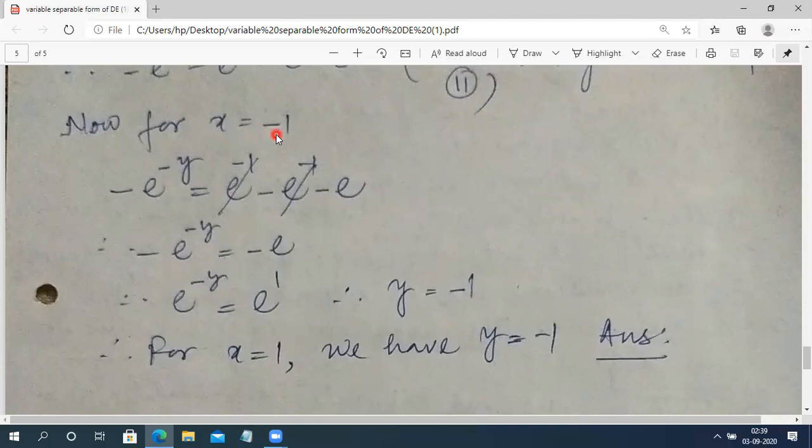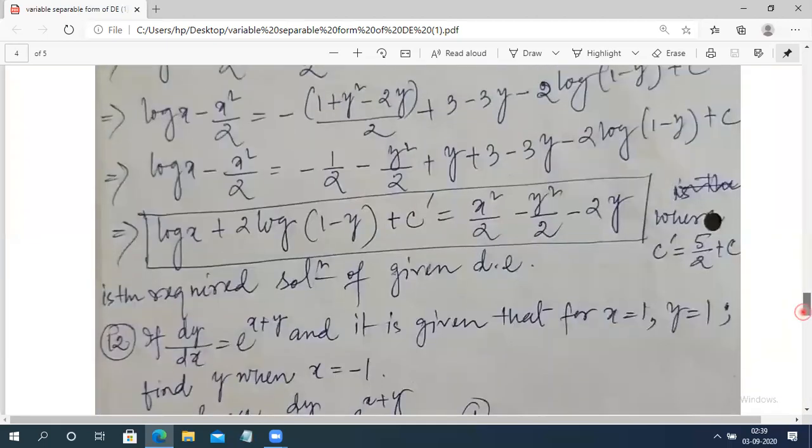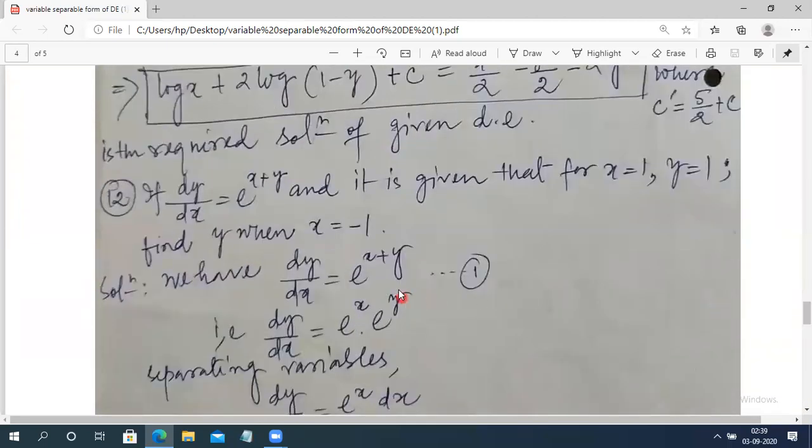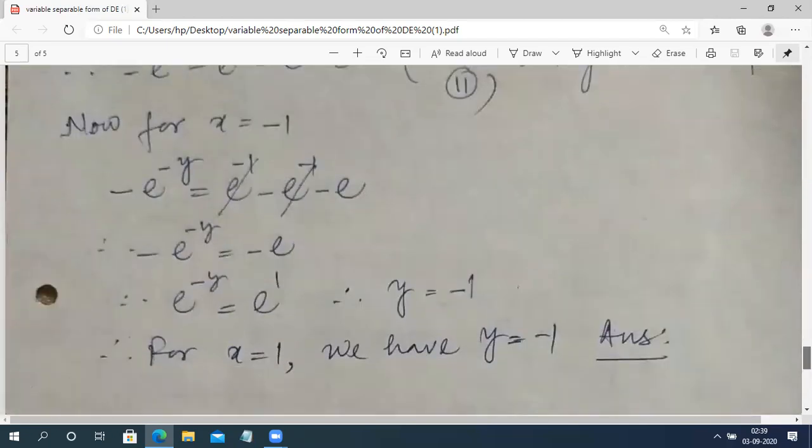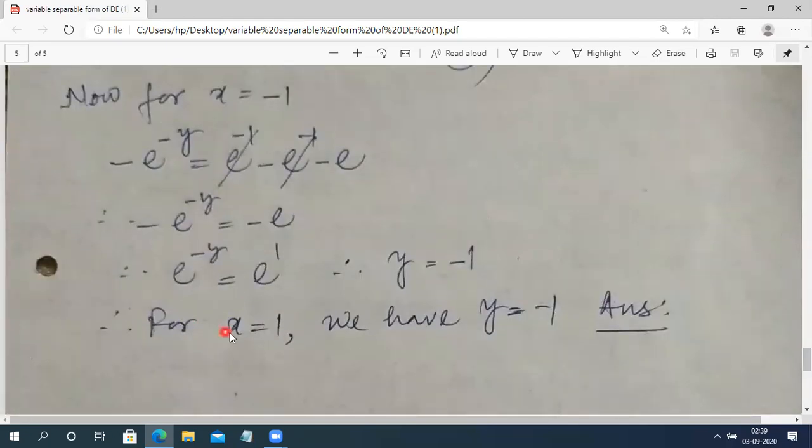In the question it is mentioned that we need the value of y when x equal to minus 1. So just correct it here: x is equal to minus 1, then y is also equal to minus 1.